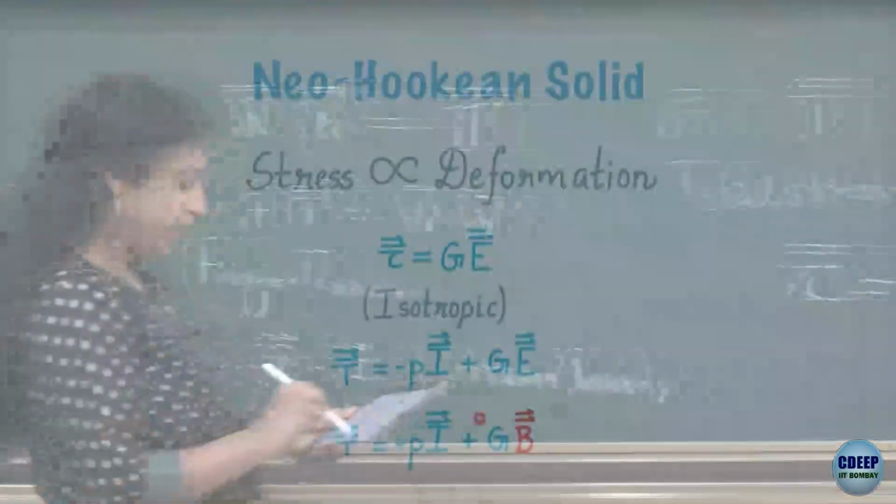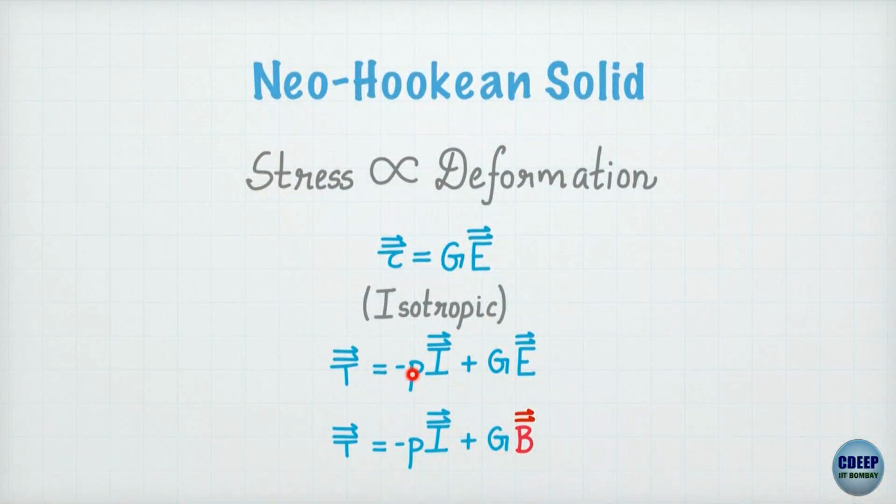So, if you wanted to write the total stress tensor, it would be just minus P I plus G times E. Some textbooks also use B instead of E, and as you will see in some problems, it does not really matter what you take because the isotropic part actually cancels out, but I am just alerting you to this. We would be using this convention.